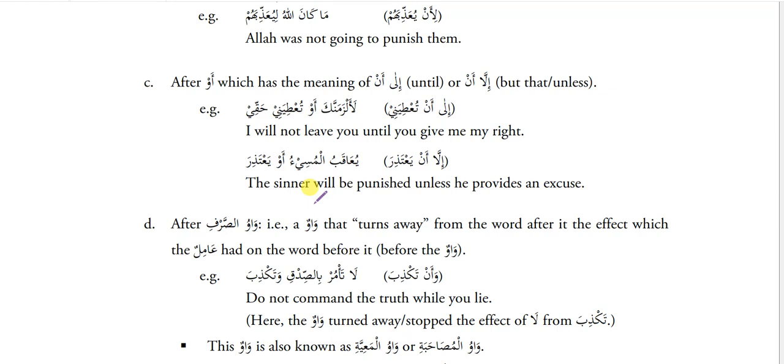The readers can get confused about whether they should use this aw as a harf atf or something else. That's why we assume that aw does not play any role in changing i'rab. There is a hidden "an" after aw which changes the i'rab.